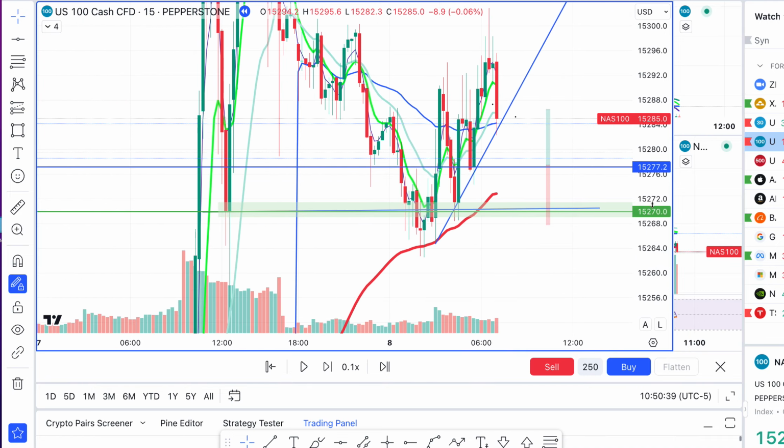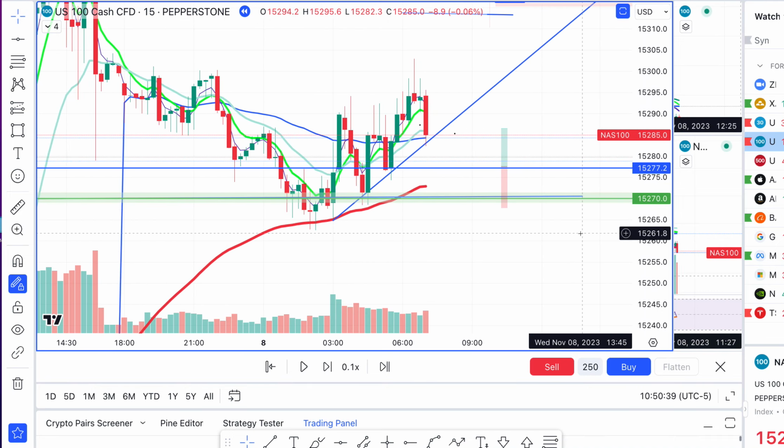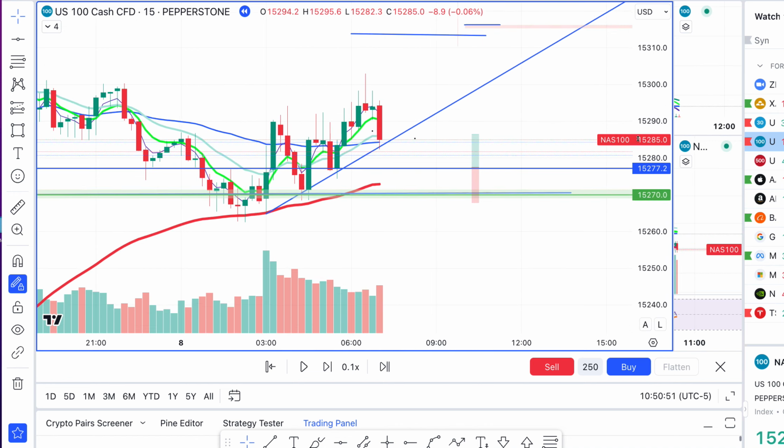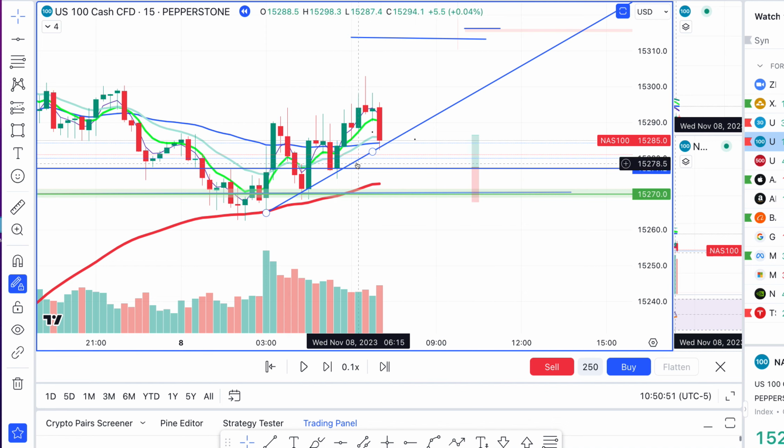So we had that, and then the next thing I noticed was that there was a trend forming. We had an upward sloping trend, so I put a trend line on that to keep track of it. And the idea is to have as many touches as possible.